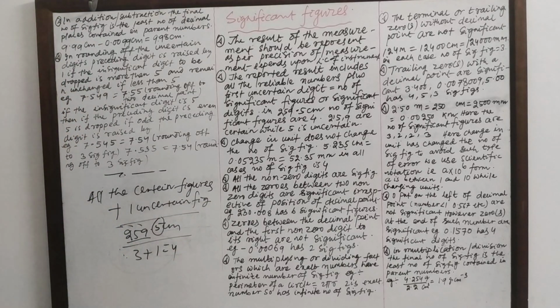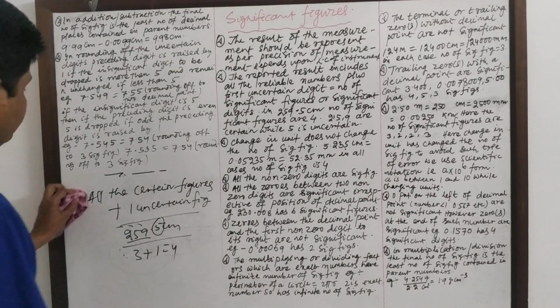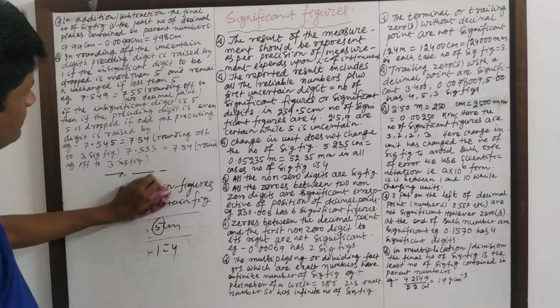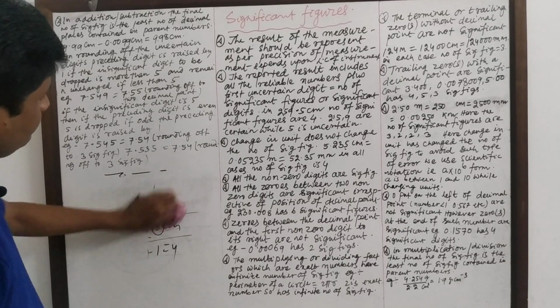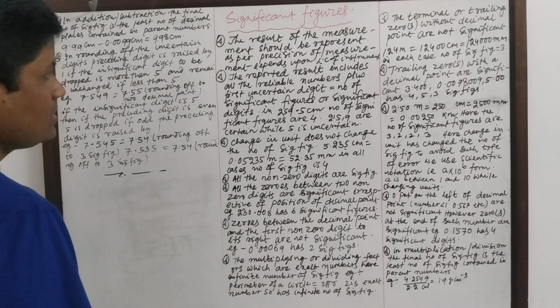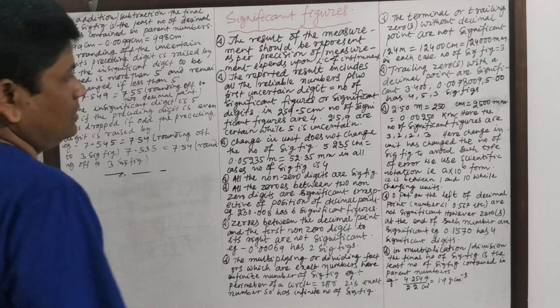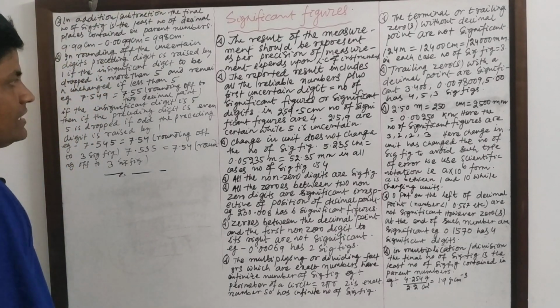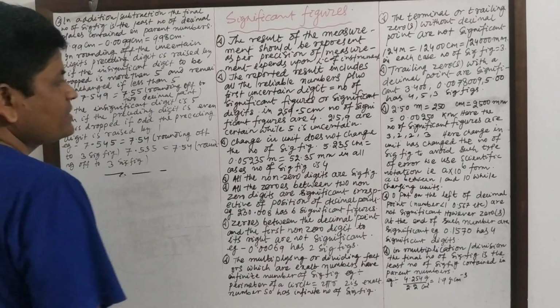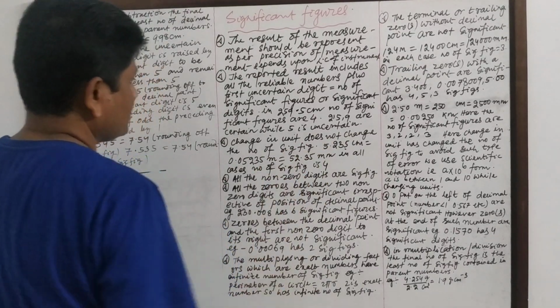So the number of significant figures is the certain figures plus the first uncertain figure. Change in units does not change the number of significant figures.